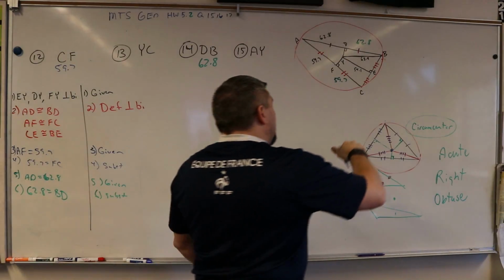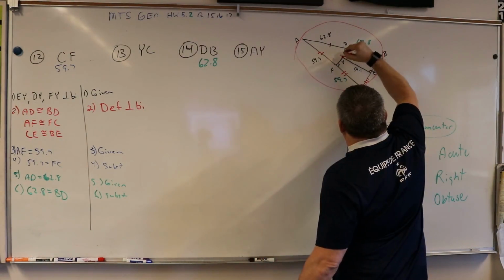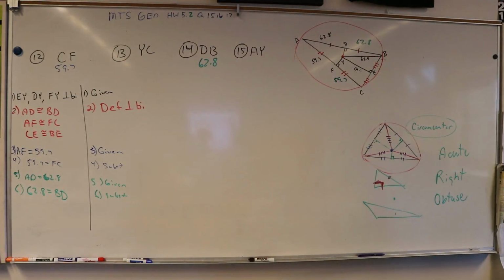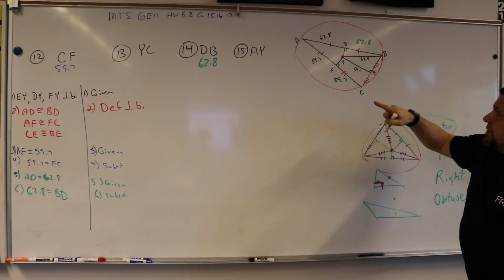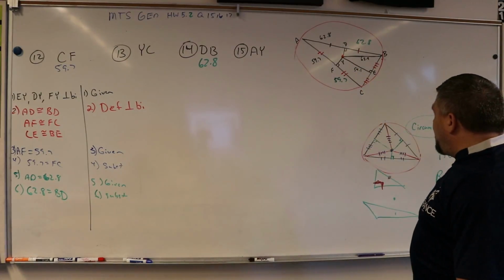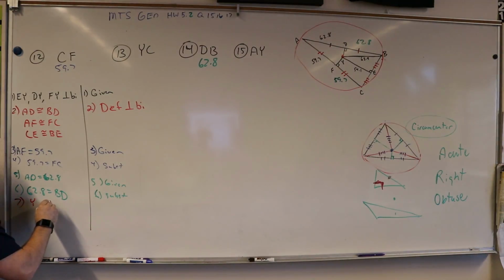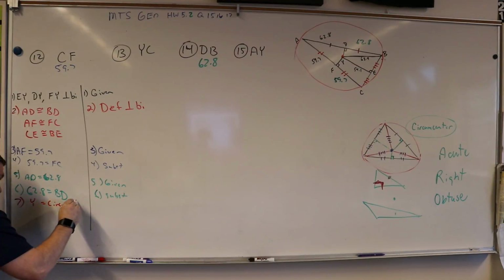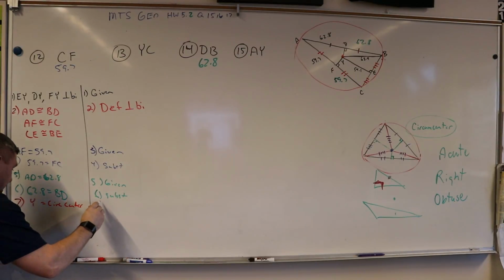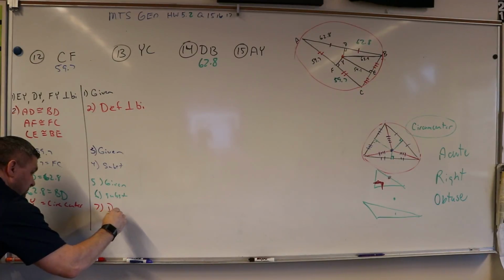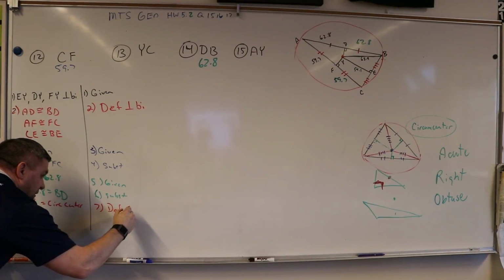So if we look at the perpendicular bisectors, we see that they intersect right there. So that's the center of the circle. That's the circumcenter by definition. So if that's the circumcenter, what point is that? Y. So Y is the circumcenter, by definition of a circumcenter.